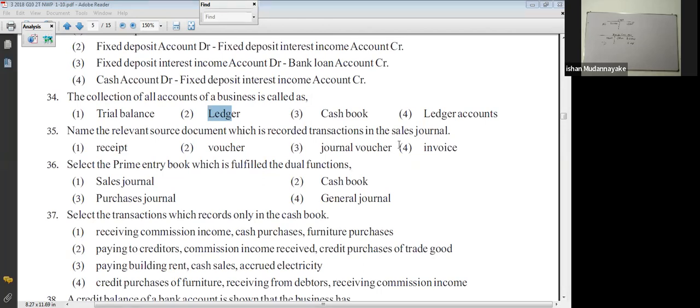Name the relevant source document which is used to record transactions in the sales journal. Journal voucher? Yes, we will discuss later. Lamai, sales invoice. Invoice is the answer. Okay, the answer is invoice.